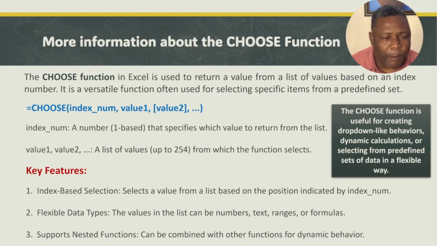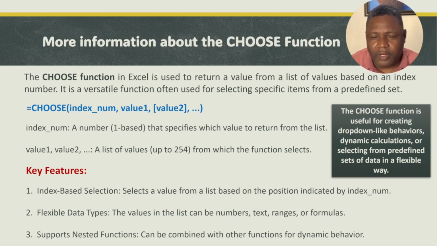Now, so how do you use the choose function? You use the equals choose, you pick the index value, then the first value, second value, and third value. Okay, so index is the number that is used to trigger the value, while the other values are from 1 to 254.